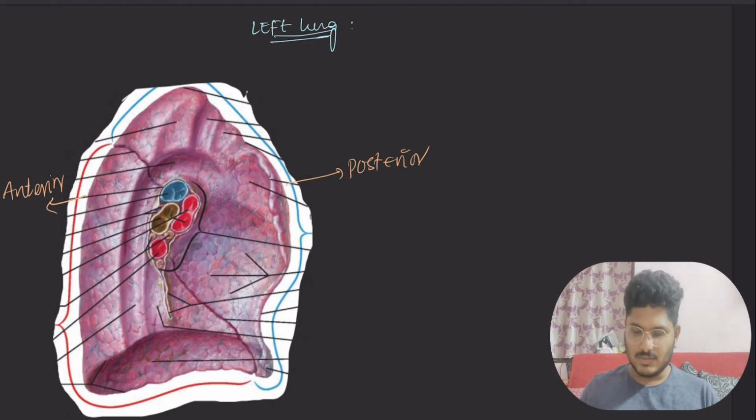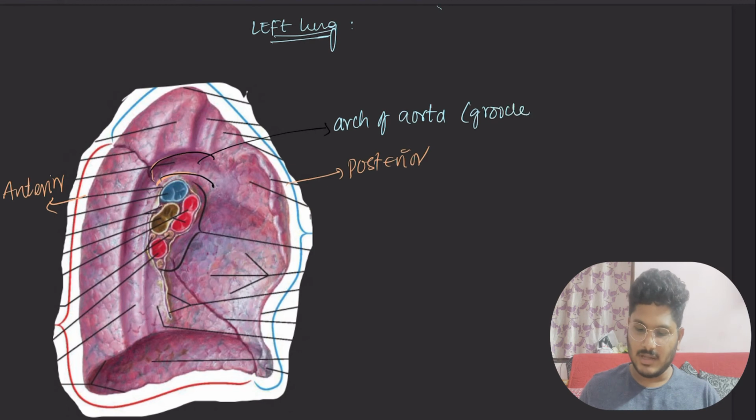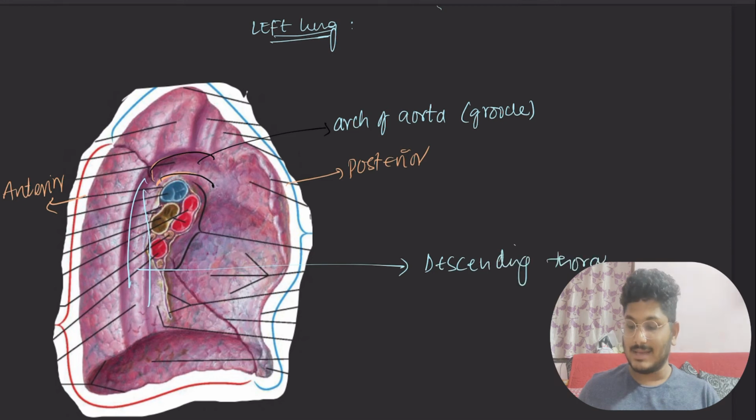There will be a groove over here. For what? This is a groove for the arch of aorta. For the arterial structures, we will have a groove for the arch of aorta and a groove for the descending thoracic aorta.